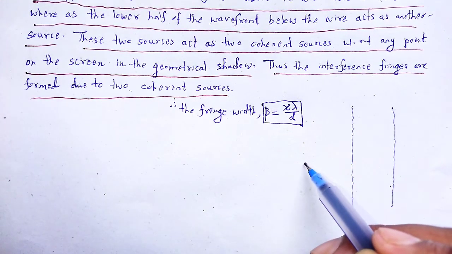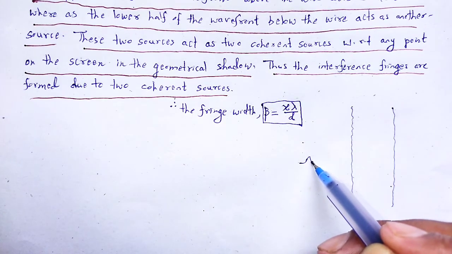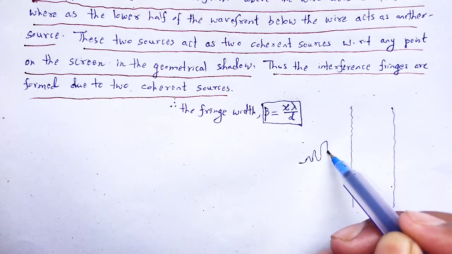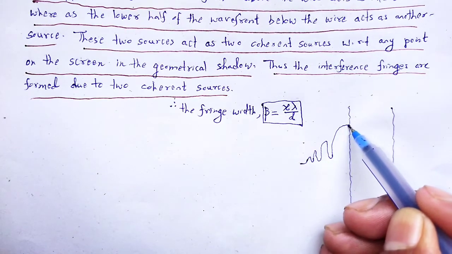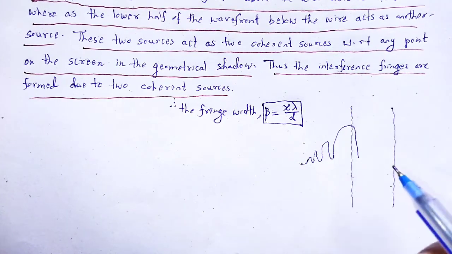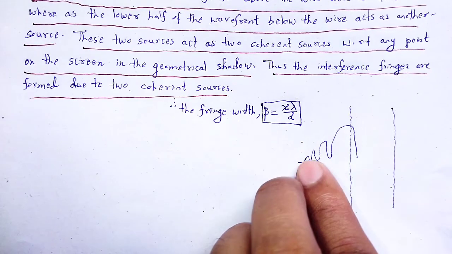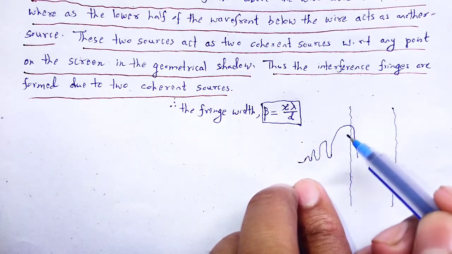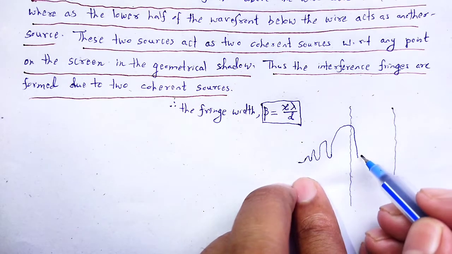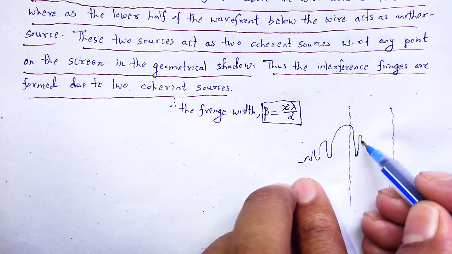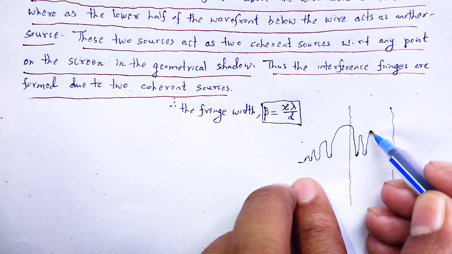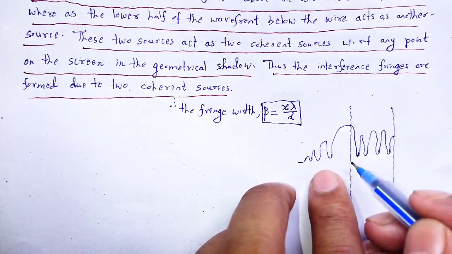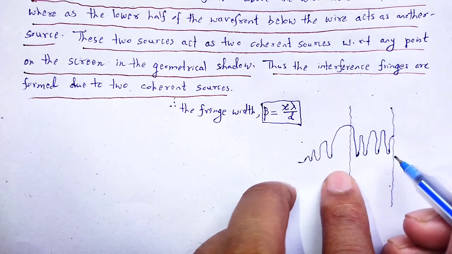So, here we obtain the interference pattern just like this. In this region, we obtain the diffraction pattern due to the straight edge. This is the intensity distribution of the diffraction pattern due to the straight edge, and here we obtain the interference pattern inside the geometrical shadow region.